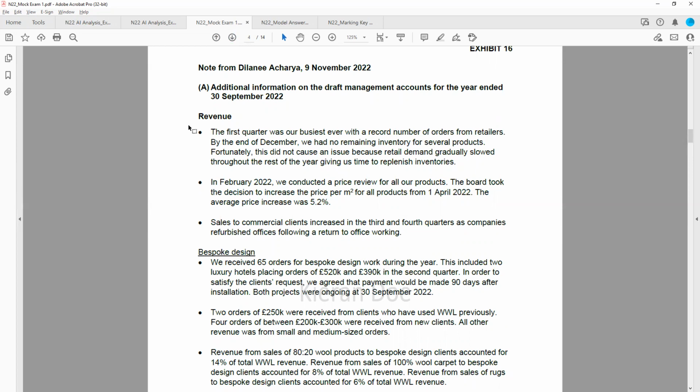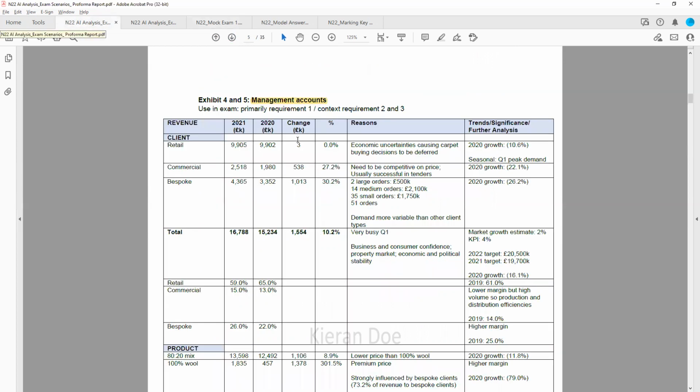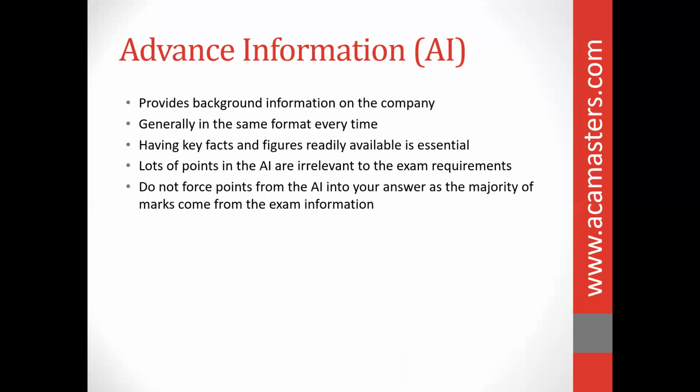You want to be using this as much as possible. So exam paper information, use it as much as possible in your answer. AI information, only bring it in if it is absolutely clearly relevant to the requirement. And we'll see a lot more of this as we work through each requirement, both in these preparatory classes, but then also when we look at the mock exams for your actual live case study business.